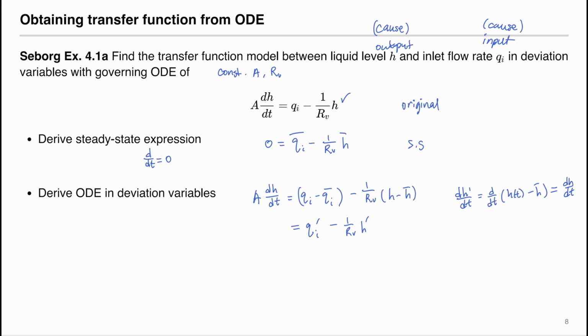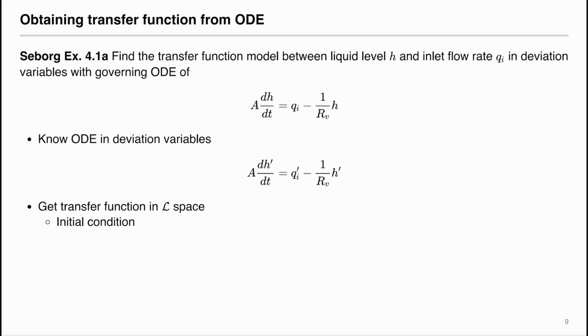So since they are equal, then we have A dH prime/dt. Now we have derived the deviation variable ODE. We keep looking at them and say they're similar, but we do need these derivation steps, as we will see in future. If we hold one thing constant, then it will drop out, so they will not be the same.